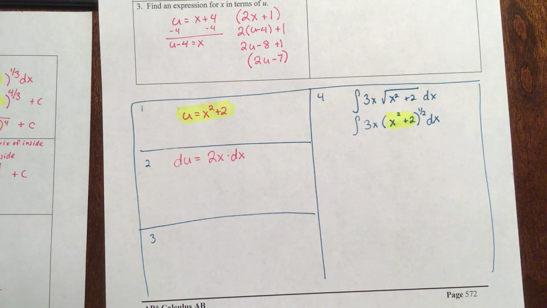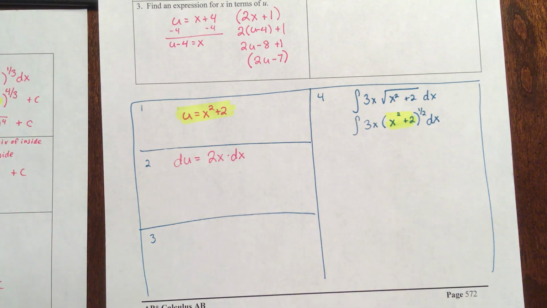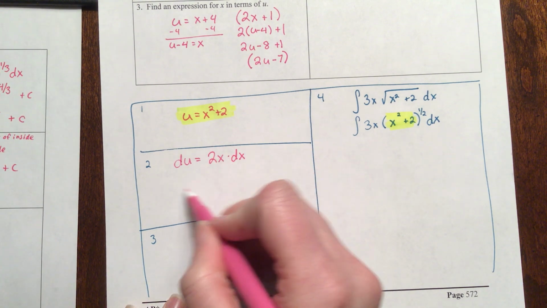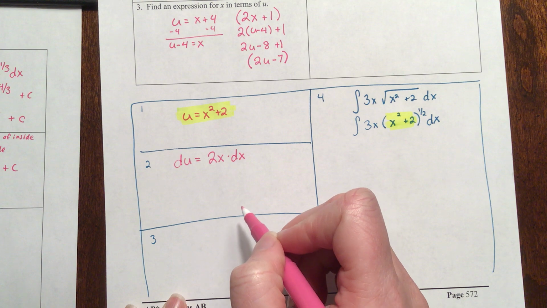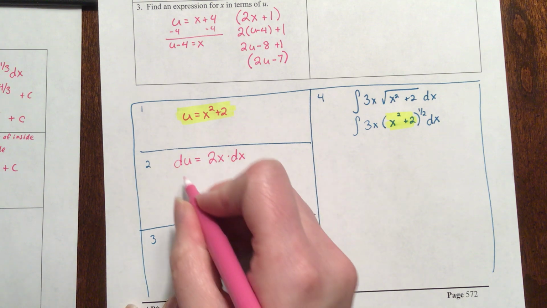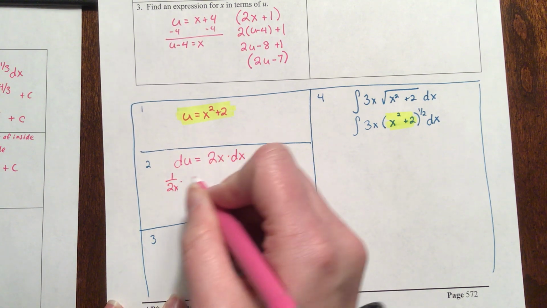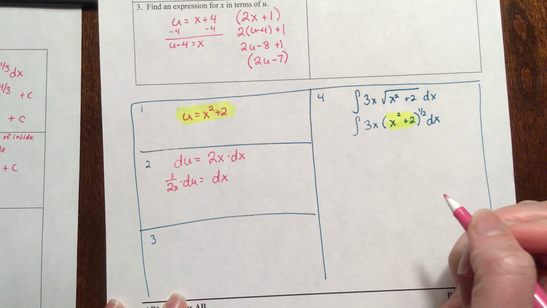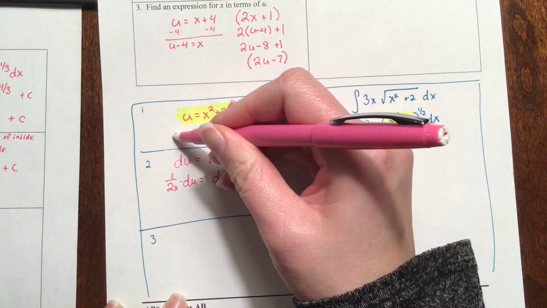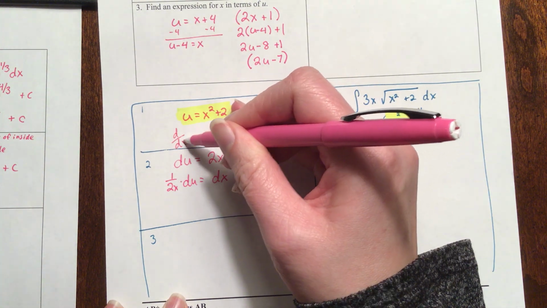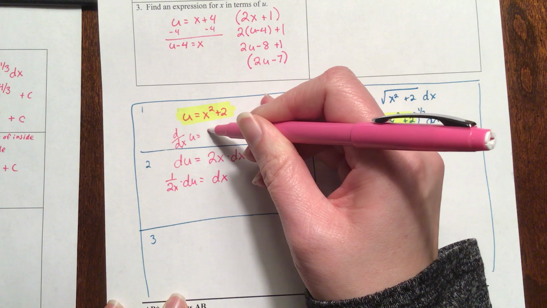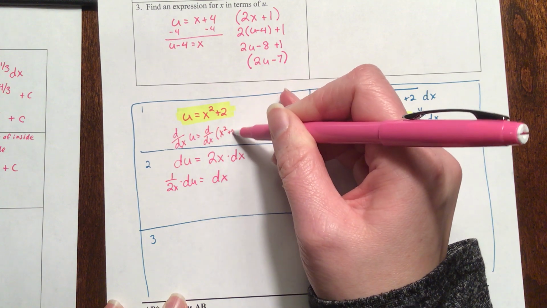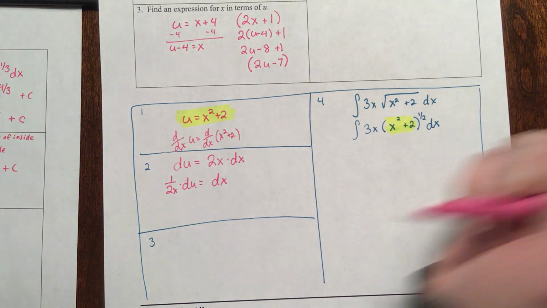Okay, next job. We want to get dx by itself, so let's get rid of that 2x by moving this over to the left using division. So it'd be 1 over 2x times du equals dx. If you liked it the other way, it's d dx of u equals d dx of x squared plus 2, or you can just take that derivative.